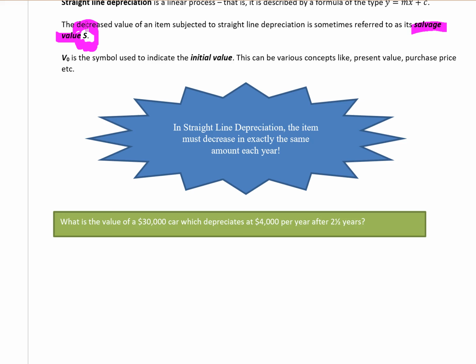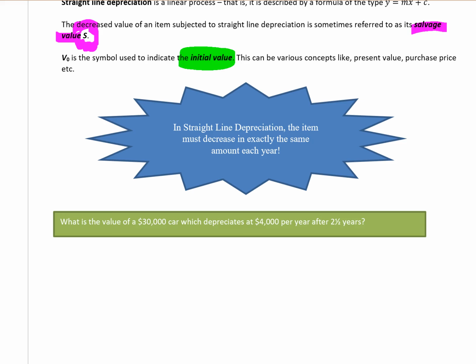We have another value that you have to be aware of, and that's called the initial value. So initial is in the beginning. When you first buy an item, it's called its initial value, and for some items, their value decreases.